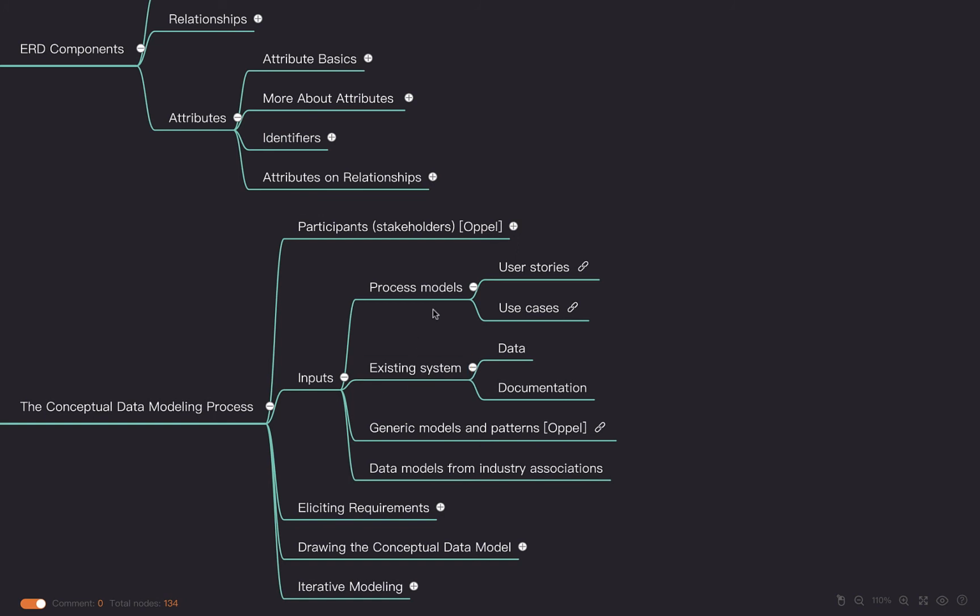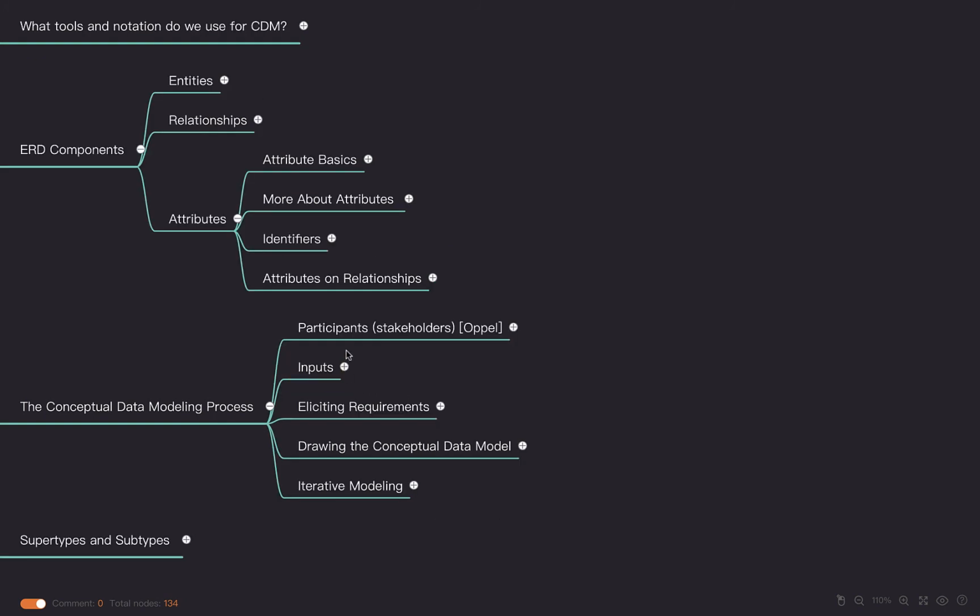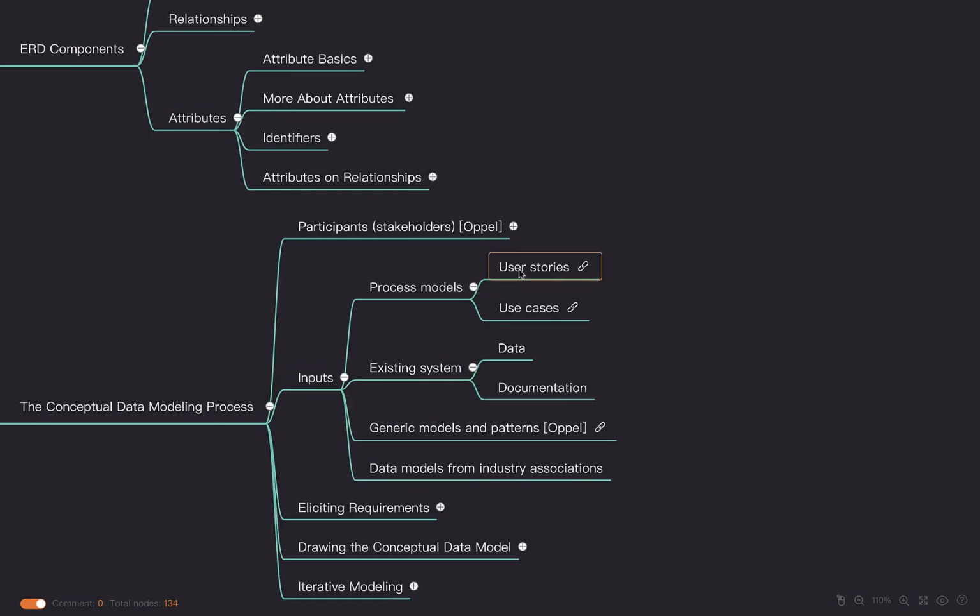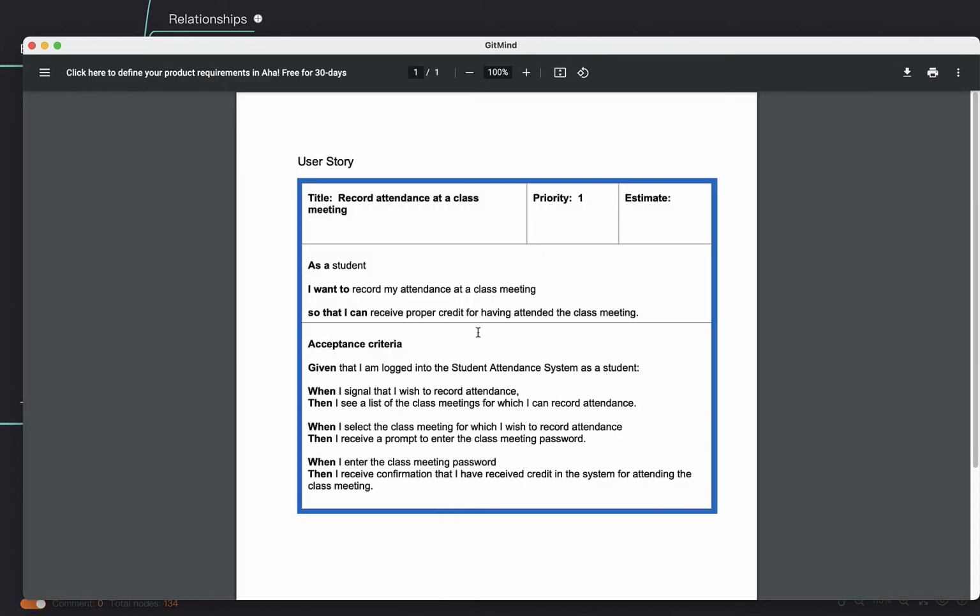Okay, what kind of inputs are we looking for? So we've got the participants, we've got the inputs. Well, to the extent that we've already created process models for the system, we might have things that look like user stories. These are things that we learn how to create in my systems analysis class.